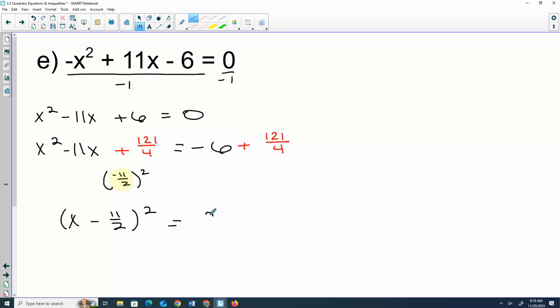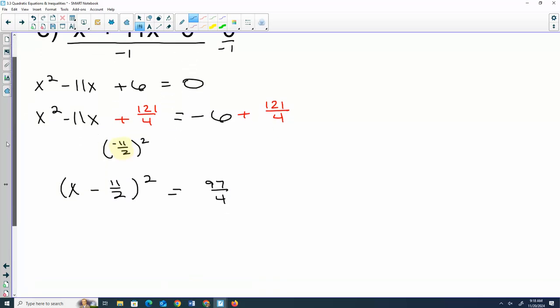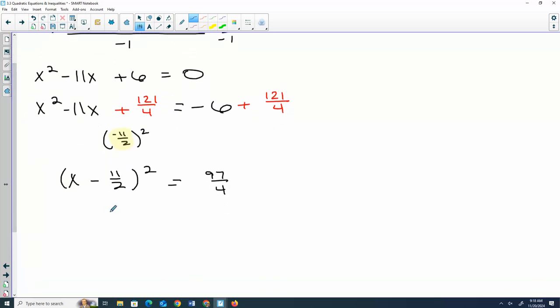What is that? Thank you. Okay, so then we have to square root, plus and minus. So x minus 11 halves equals plus and minus. Can you do the square root of 97 or break down the square root of 97 at all?